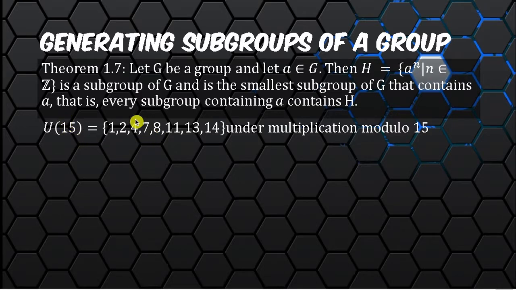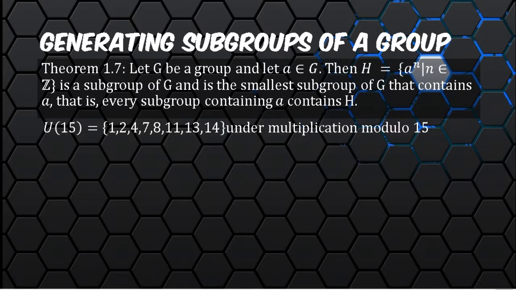Again, ang elements ng U of n, that's the set containing all numbers that are relatively prime to 15. When we say relatively prime, yung GCD dapat ng kahit anong elements dyan with 15 is 1. GCD stands for the greatest common divisor.